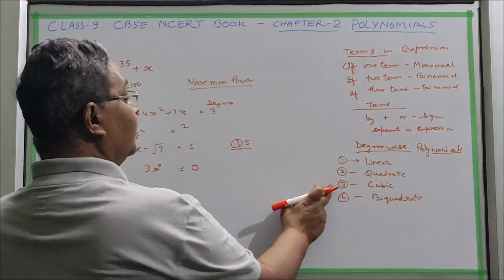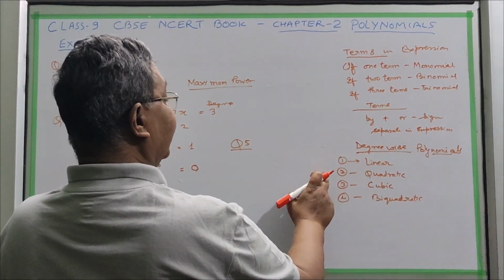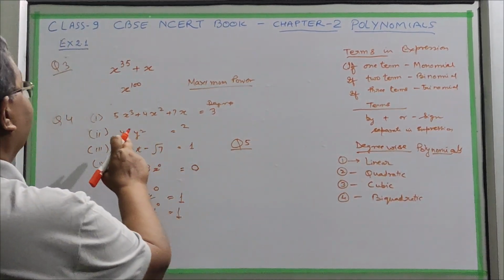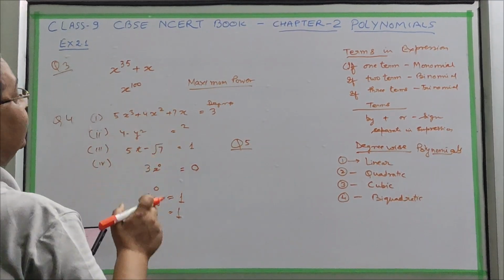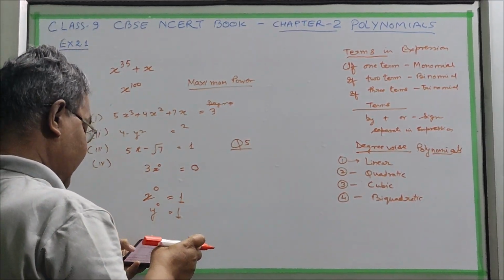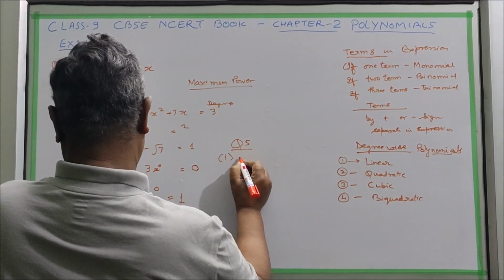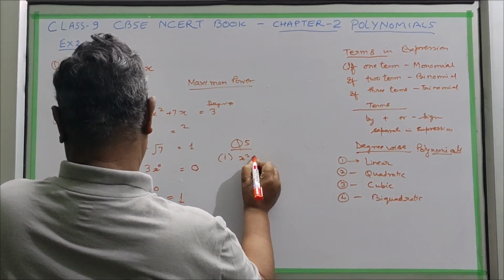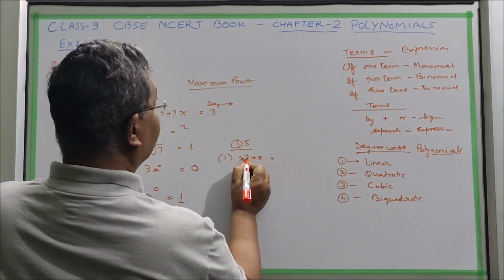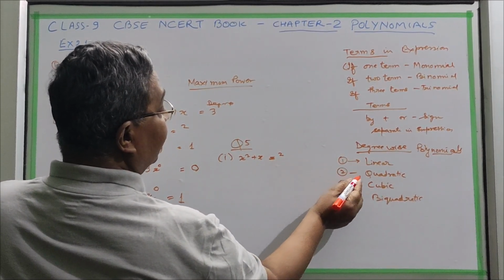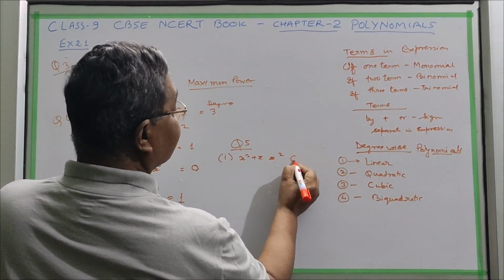So you have to see the degree. If degree 1, linear; degree 2, quadratic. And how can we know the degree? By the highest power we see. The first one is x^2 + x, the degree is 2, so it is quadratic.